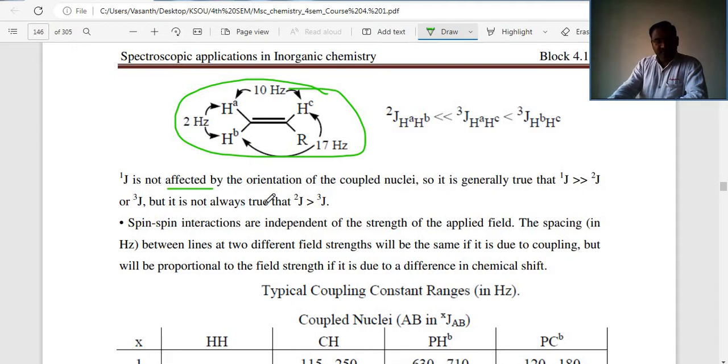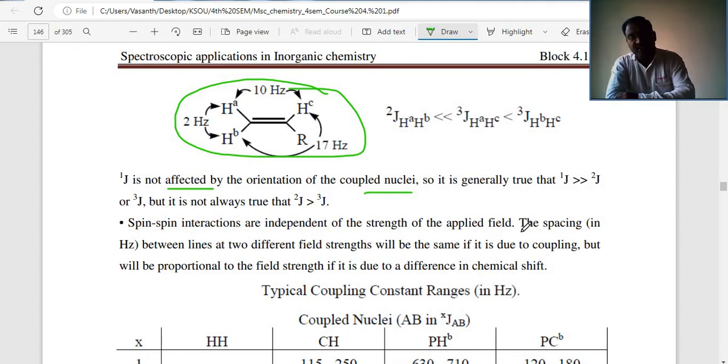J1 is not affected by the orientation of the coupled nuclei. So it is generally true that J1 is much greater than J2 or J3, but it is not always true that J2 is greater than J3.